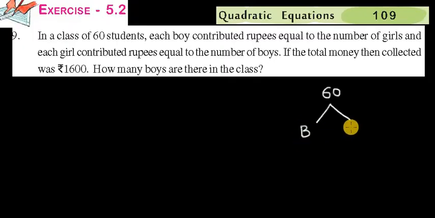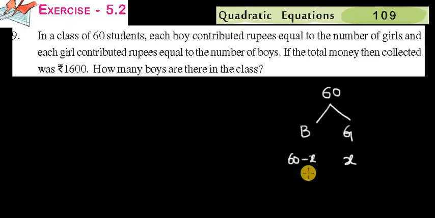Some are boys and some are girls. So the number of girls I am taking as x. Among the 60 students, the number of girls is x, then the number of boys will be 60 minus x.